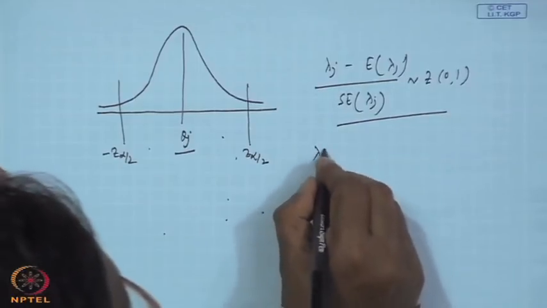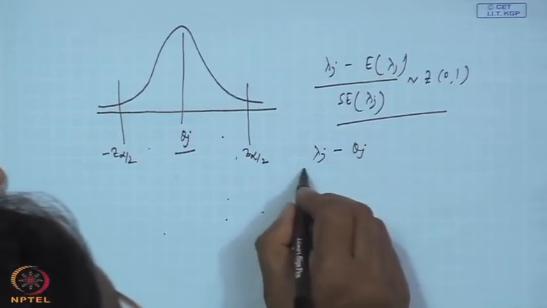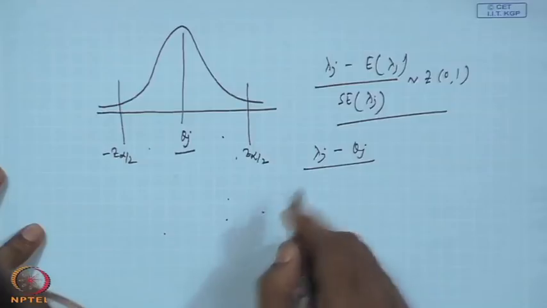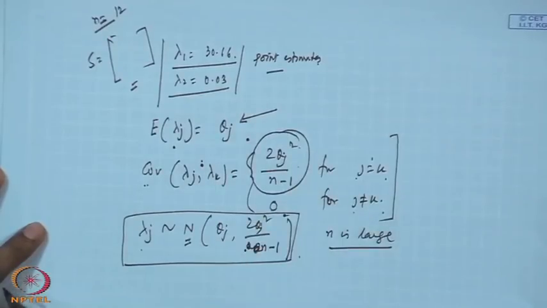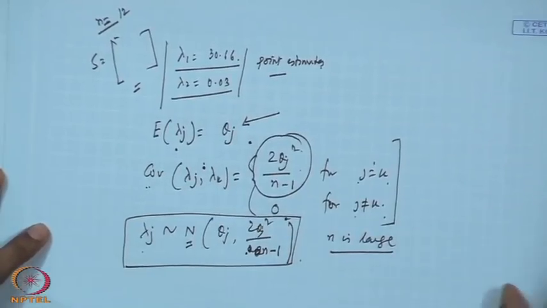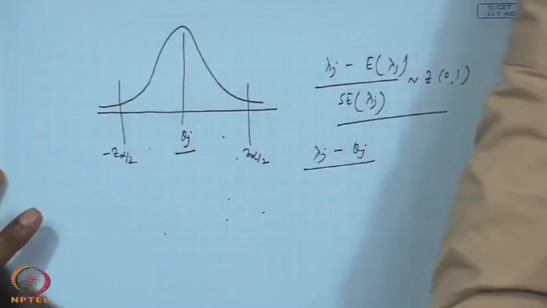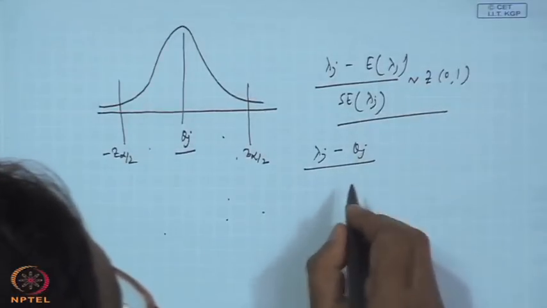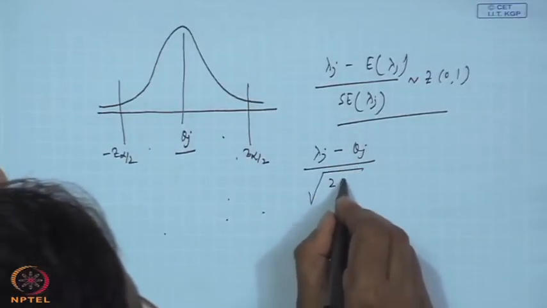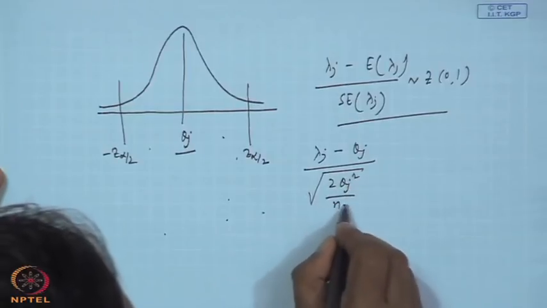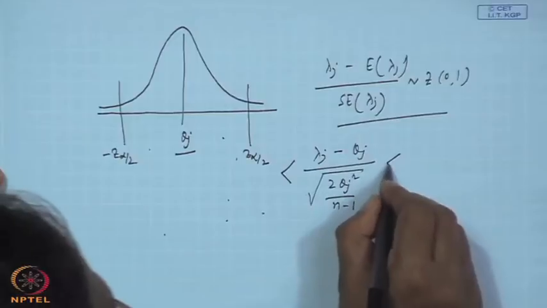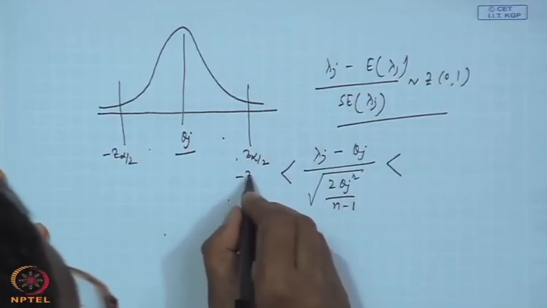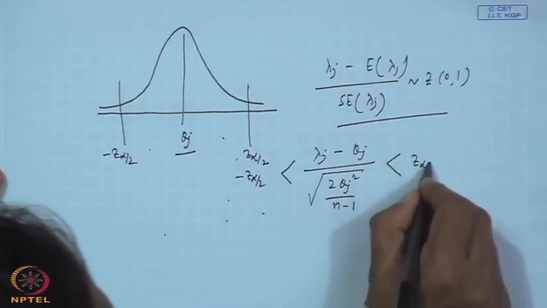So, that means lambda j minus theta j. Now, what is the standard error of lambda j? What is the value here? That variance part, 2 theta j square by n minus 1. So, the standard error is the square root of 2 theta j square by n minus 1. Now, this quantity will be bounded by minus z alpha by 2 on this side and plus z alpha by 2 on this side.